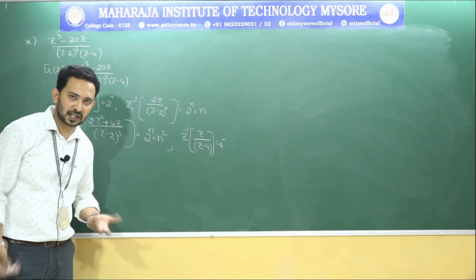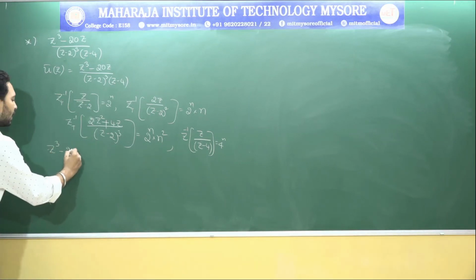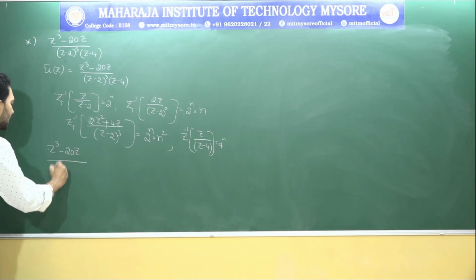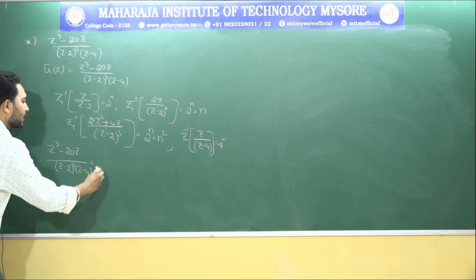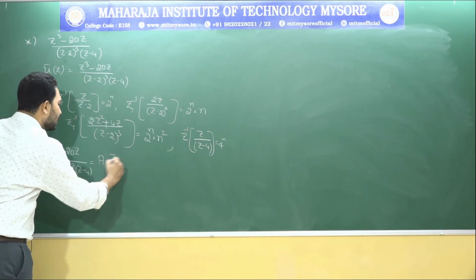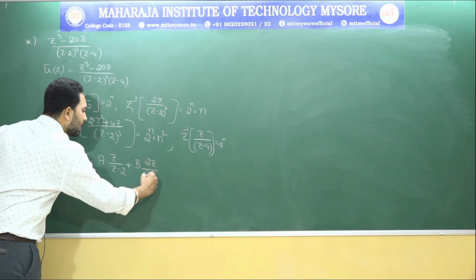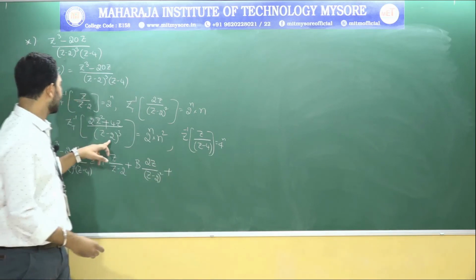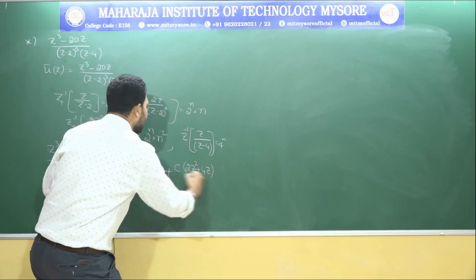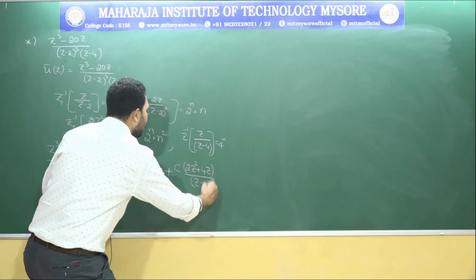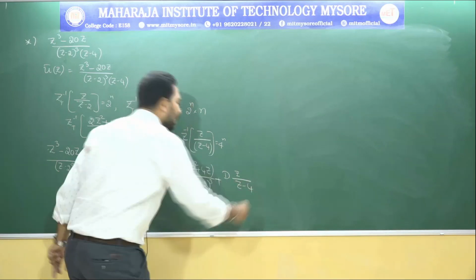Then by applying partial fractions method, directly we can write (z cube minus 20z) divided by (z minus 2) whole cube into (z minus 4) as a into z divided by z minus 2, plus b into 2z divided by (z minus 2) whole square, plus c into (2z square plus 4z) divided by (z minus 2) whole cube, plus d into z divided by z minus 4.